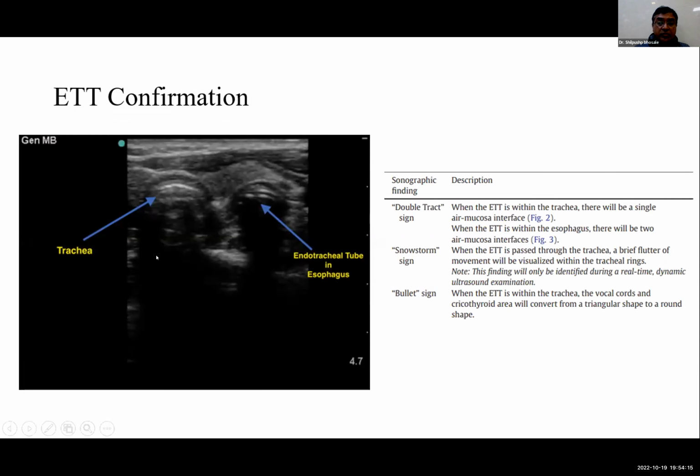Well, if you look at this image, here is the trachea, and when you have an esophageal intubation, you would get a bulge at the esophageal opening, and this bulge is classically described as the double tract sign. So if you see 2 bulges like this, that means you have got an esophageal intubation, because there is no other place where the tube can go but the esophagus, when you have 2 openings which look like trachea. So this is called the double track sign, which is confirmatory for esophageal intubation.